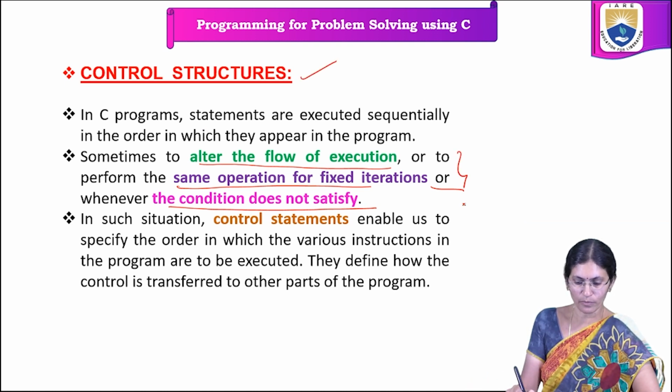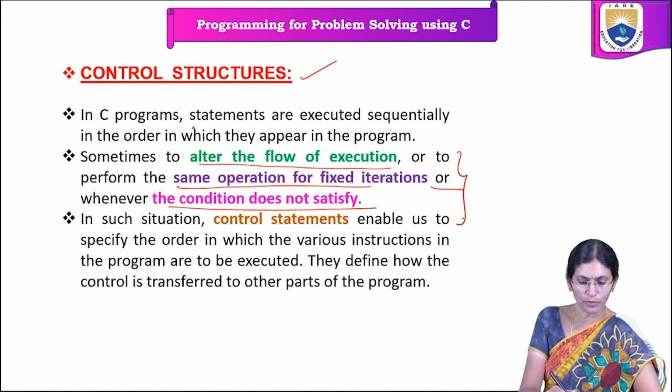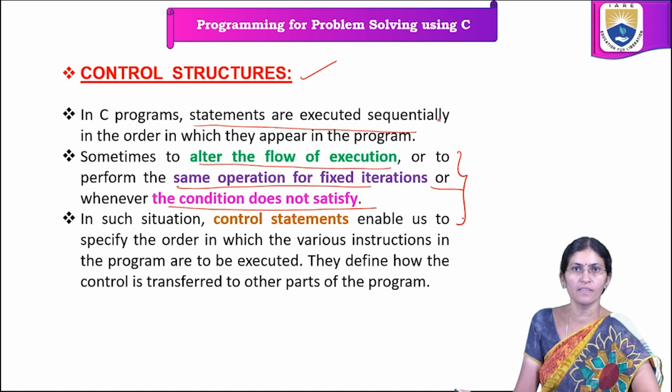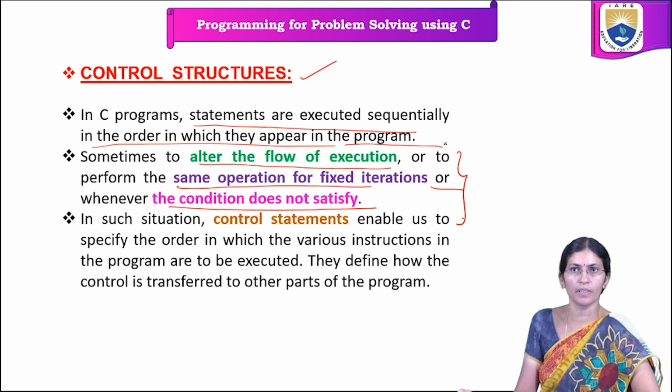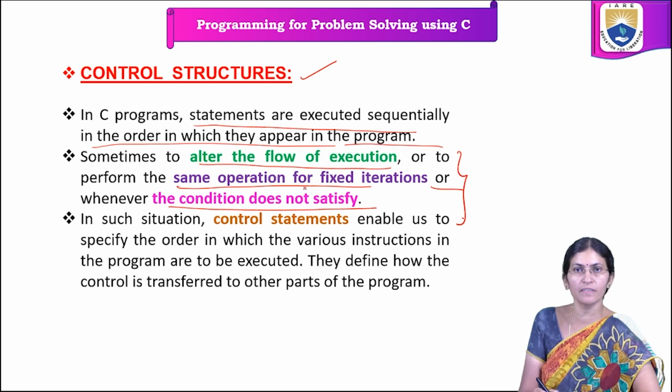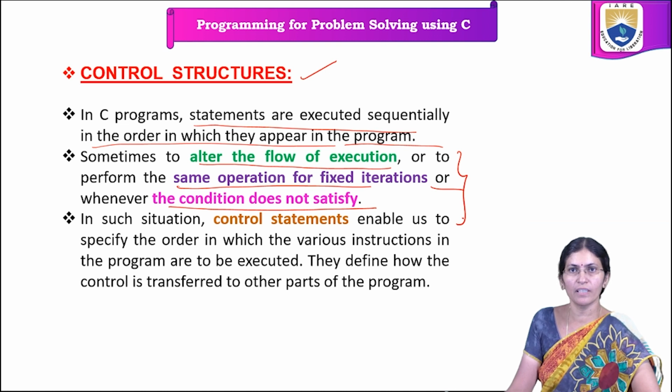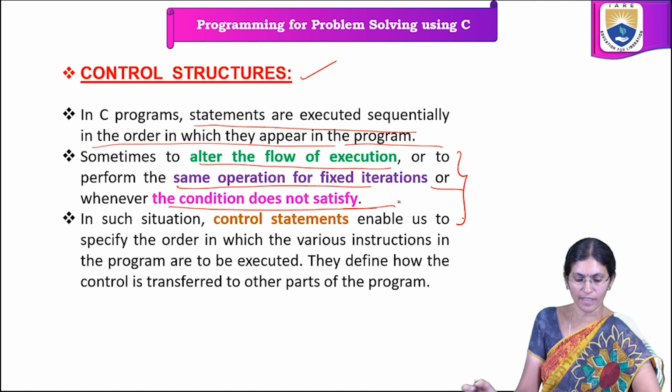In order to perform all these operations, we use control structures, or the other name for this is control statements. In C programs, statements are executed sequentially, that is, in the order in which they appear in the program. But sometimes it is required to alter the flow of execution, or the same set of statements is to be repeated for a certain number of iterations, or whenever the condition does not satisfy.